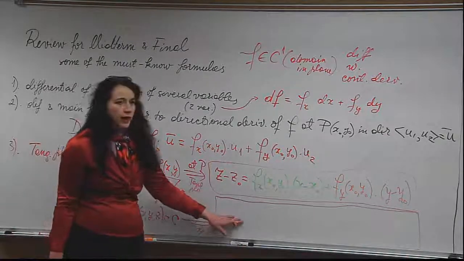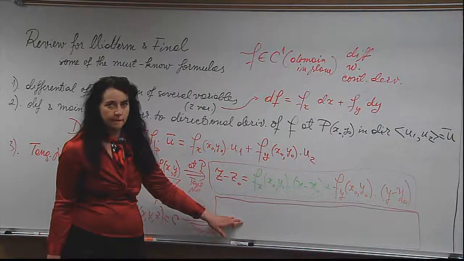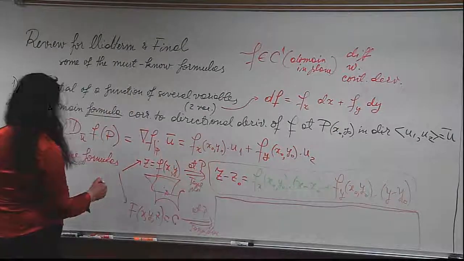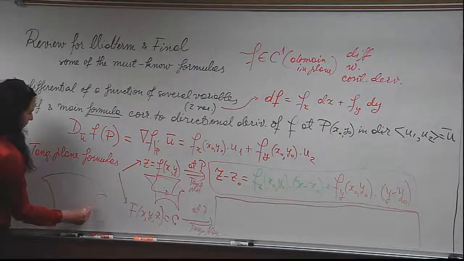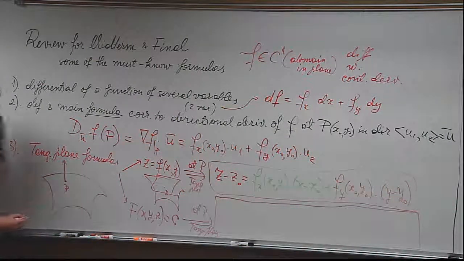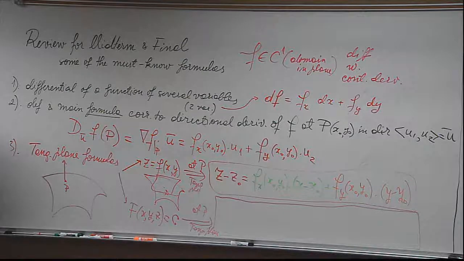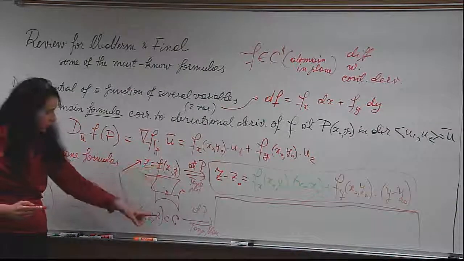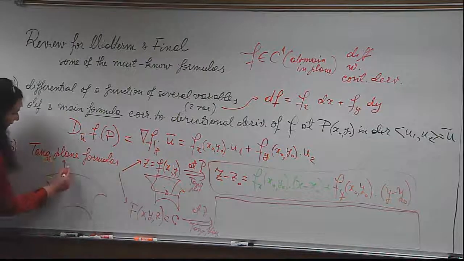So what do you write? Remember the surface in implicit form. Who gave you the normal to the surface at the point P? The gradient of who? Not the gradient of little f, don't confuse. The gradient of the big F, right?